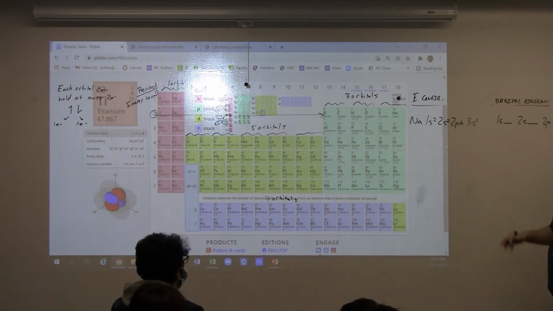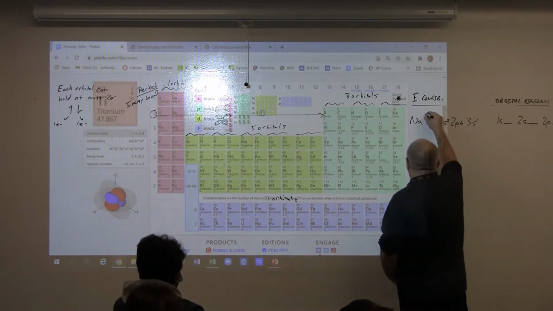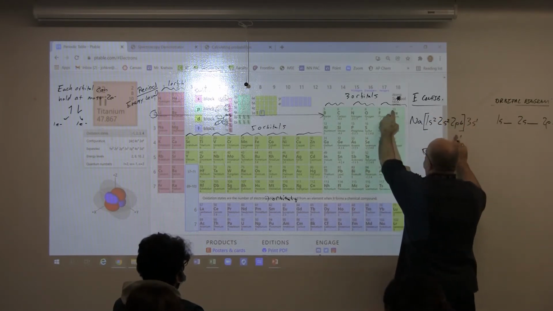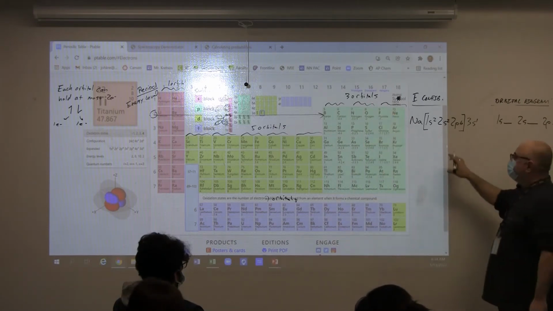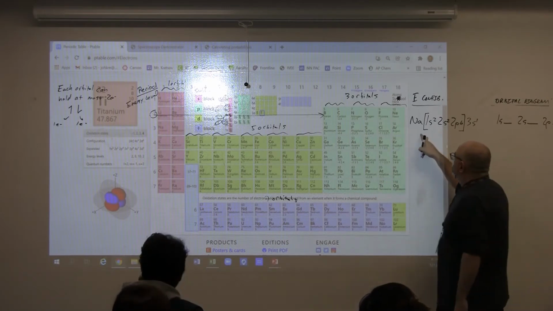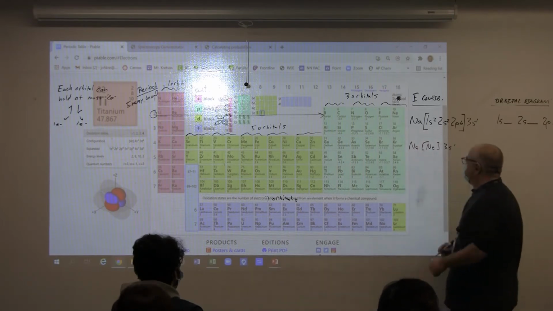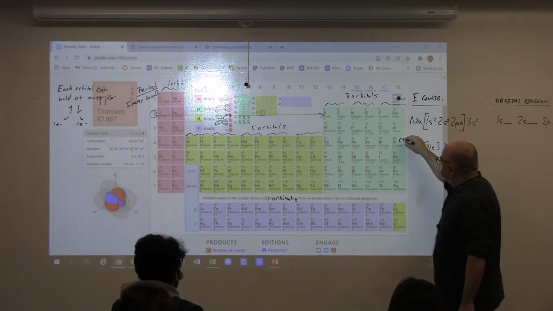So what we can do to condense the configuration is bracket all the parts that lead up to one of these noble gases, and then use it to represent that part of the configuration. Meaning, instead of writing all this, we are allowed to represent sodium as follows. This is called the condensed configuration.